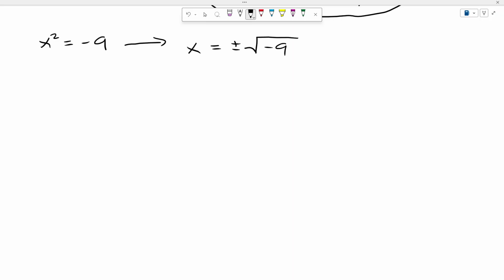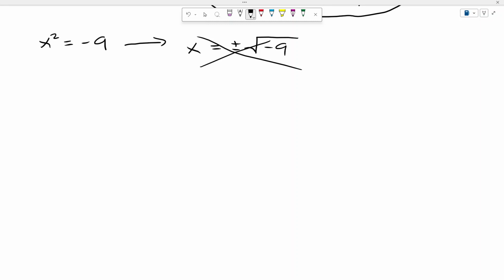But as we know, this is not going to work for us. If you try to put that into your calculator, taking the square root of negative 9, you'll just get a big old error message.